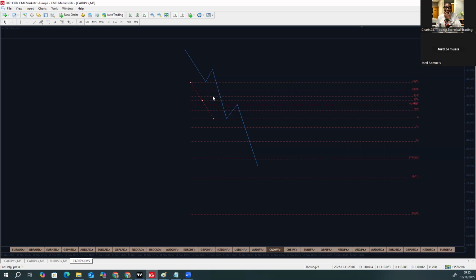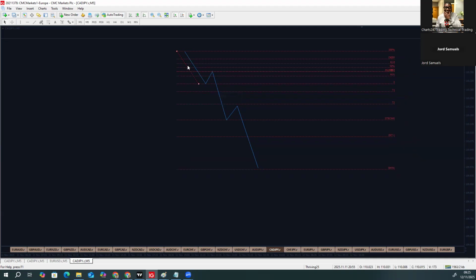Don't worry about it. We will change the Fibonacci once we see a big, strong momentum breaking the T2 like this, because price is telling us there's a momentum. There's huge participation to the downside. That's basically what it means.